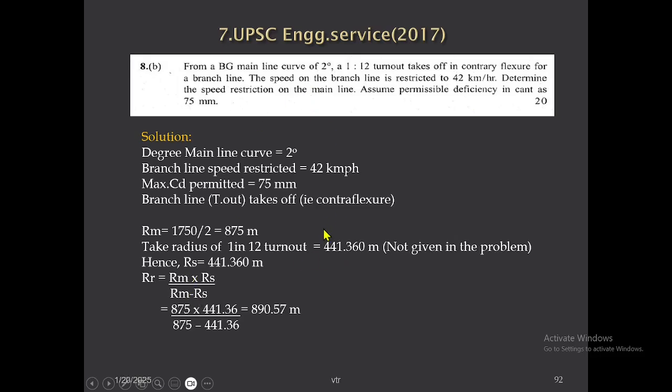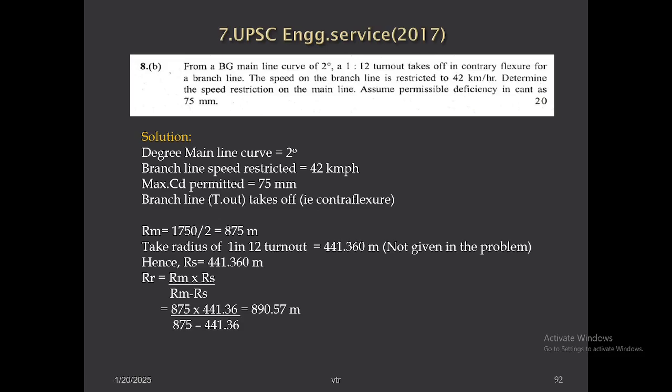Okay, if the problem does not give it, we have to approximate, assume, and proceed. Then the resultant radius equals, because only the turnout is given. The turnout means this radius is for the straight turnout. But when we are fixing it in a 2 degree main curve, automatically this radius will become flatter, because the straight main line of the turnout also has to follow the curvature of the main line curve.